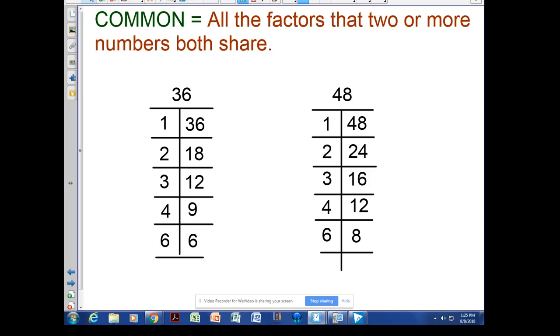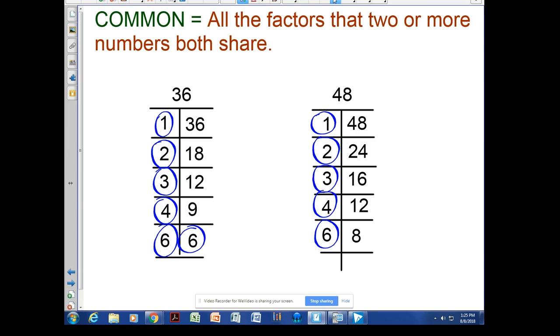We know that number 1 will always be a common factor of all numbers. And I can see that they both have the number 2, so I'm going to circle that one. They both have the number 3. They both have the number 4. They both have the number 6. I'll circle both of them here. Why not?